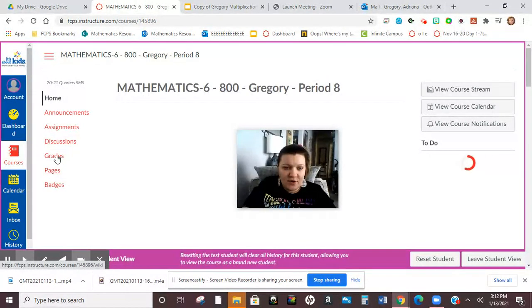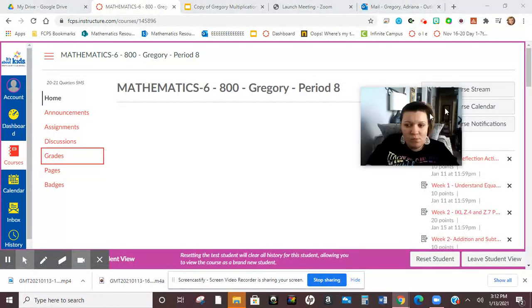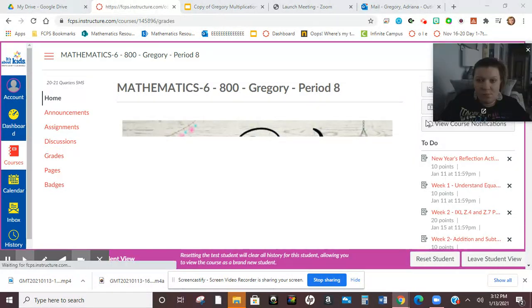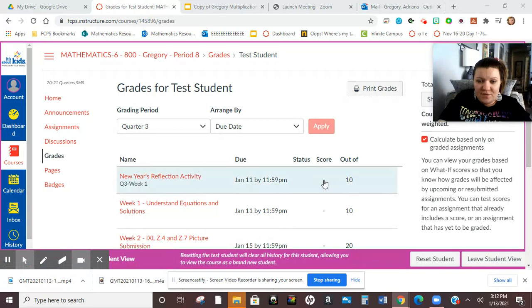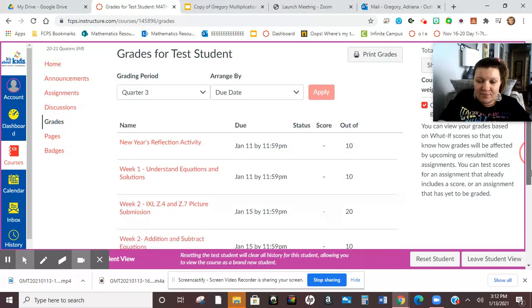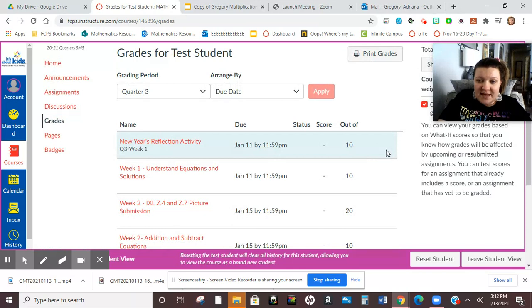When I click on grades, if it has a tick mark, there's no score. Miss Gregory doesn't have it yet. If it says 10 out of 10, it's already graded and in there. If it has a little box, that means it's waiting to be graded. You've submitted it and Miss Gregory needs to grade it, okay?